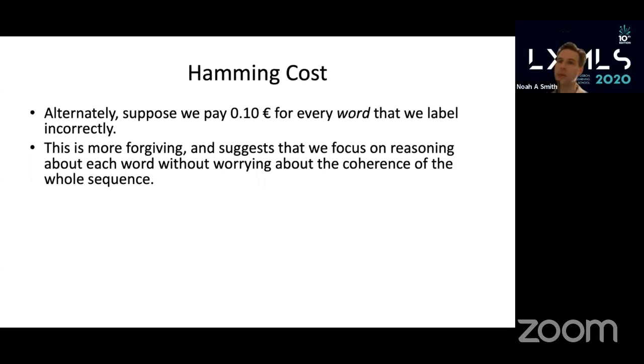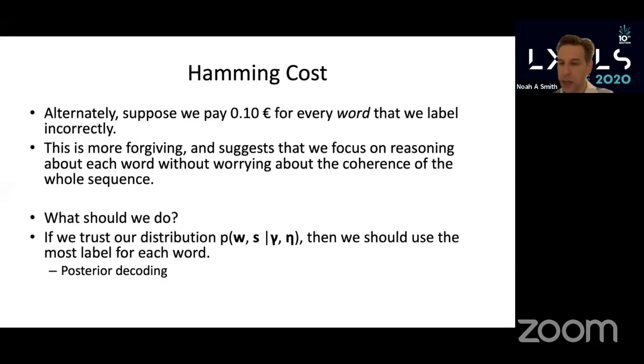And it suggests that we should focus on reasoning about each word without worrying so much about the coherence of the sequence. You should place a bet locally for each word and choose its most probable label, which, if you trust your distribution, which you should, otherwise what's the point in building a distribution, then you should use posterior decoding, and you should make local decisions, reasoning about all possible paths for each word.